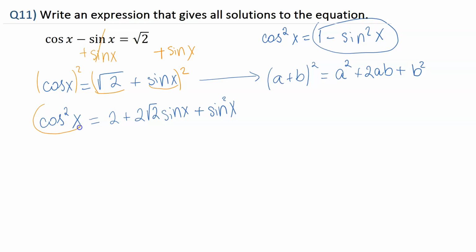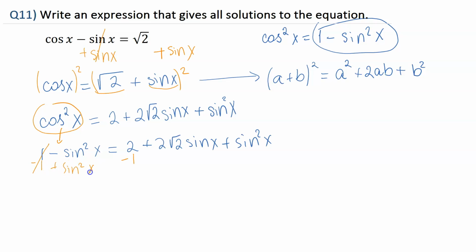Now let's substitute cosine square x with 1 minus sine square x and copy down the right side. Now we want to move all the terms to one of the sides to have 0 on the other side. Since on the left side we have only 2 terms, I'm going to move the terms from the left side to the right side.